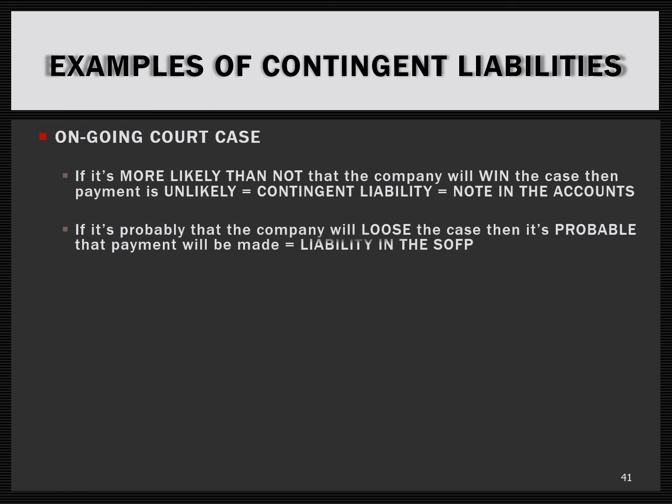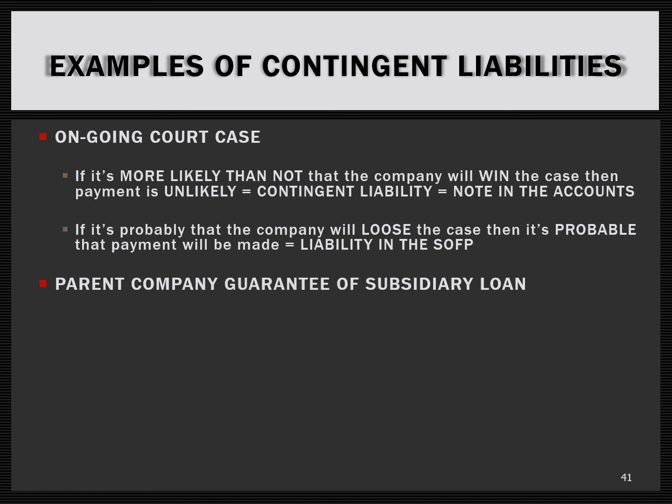If we think we're going to lose the case, then it's probable that there will be an outflow of economic benefits, and in that case we need to include it as a liability in the balance sheet. So it's all a question of whether we think it's likely that a payment will be made or not. If we think we're going to have to make a payment, it needs to be a liability in the balance sheet. If we think it's unlikely that a payment will be made, it's a contingent liability. But there's still got to be an obligation at the balance sheet date.